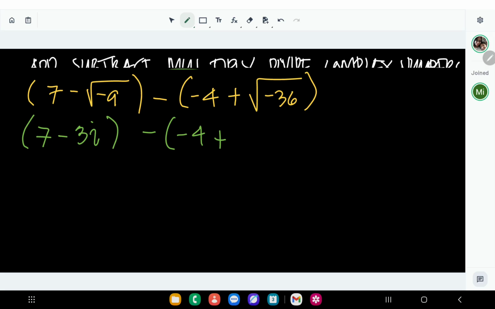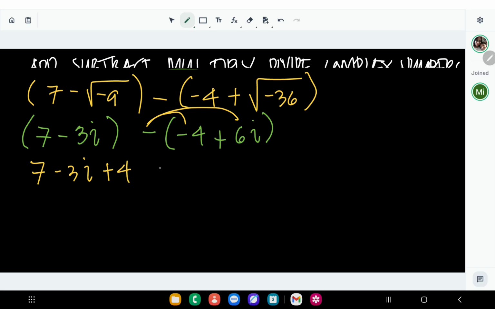What is the square root of negative 36? 6i, because you have a negative 1 there. So it's 6i. Then we simplify. So this is 7 minus 3i. We distribute the negative sign. So negative times negative is positive 4.